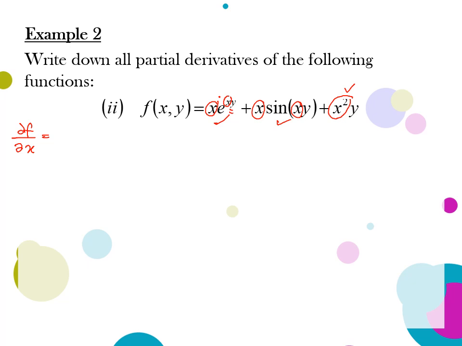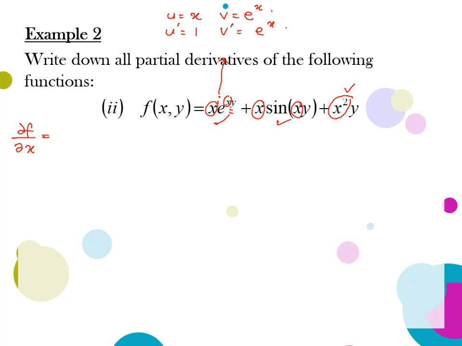For this y, you will treat it as a constant. Just for this one, you treat u equal to x, v equal to exponent x. This is u prime equal to 1. V prime is equal to exponent x.